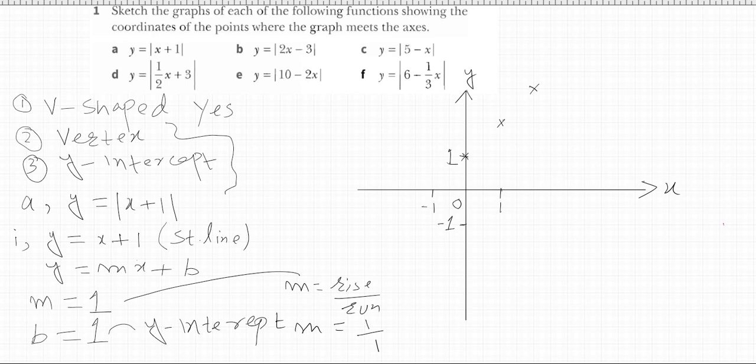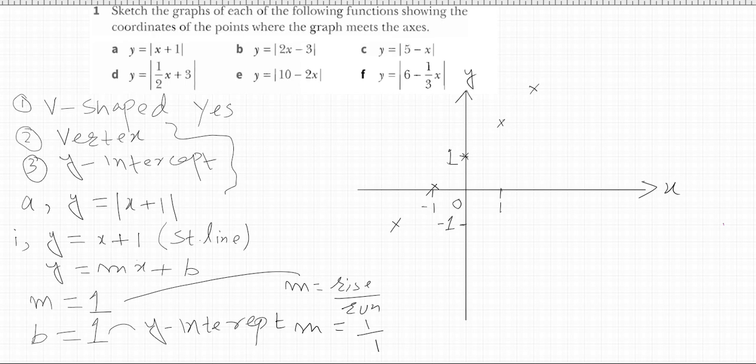Similarly, if we go downward, take this y-intercept as the reference point again, this is rise and this is run. So this is the next point. Similarly, this is rise and this is run. So at least we have to plot 4 points in order to draw a straight line.